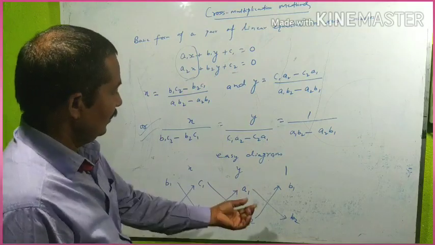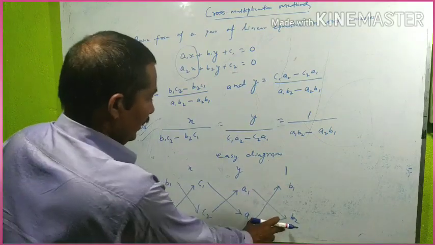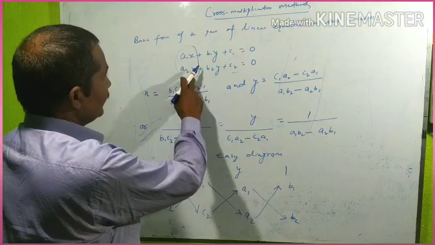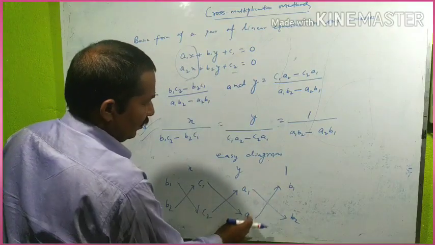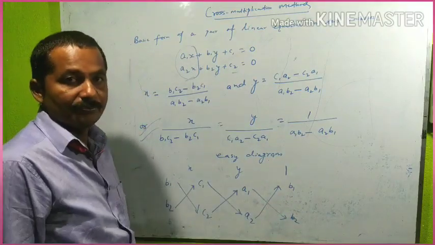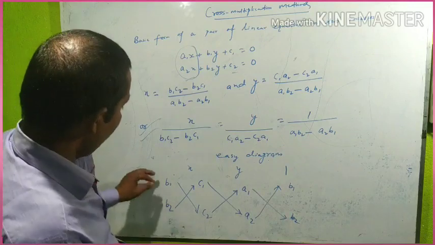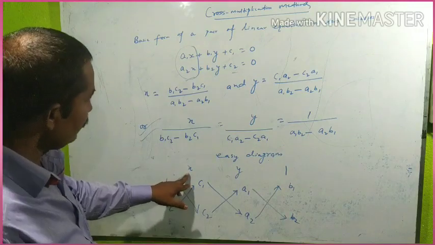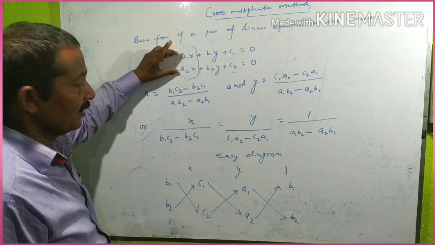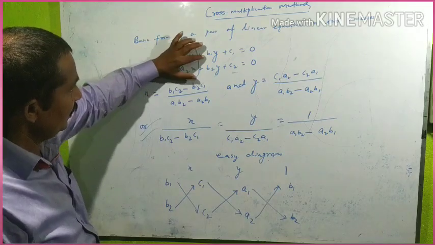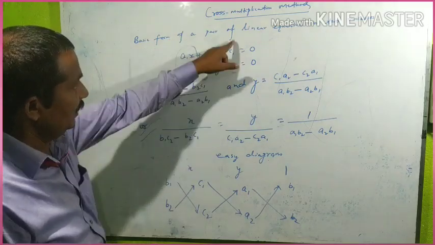Look here, the coefficients of x and y both have been written here, a1, a2, b1, b2. For x, I am dropping the coefficient of x here. So what is left? b1, b2, and c1, c2.